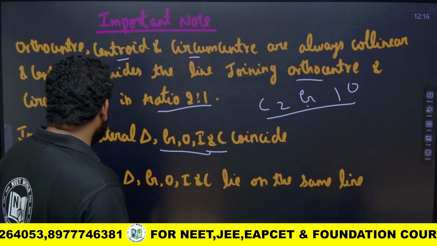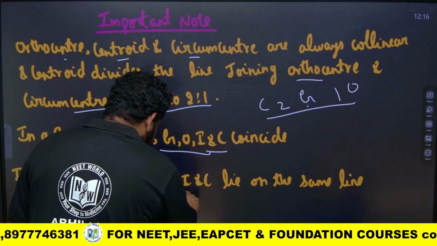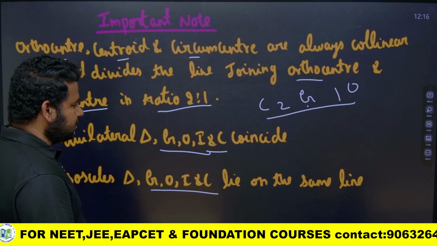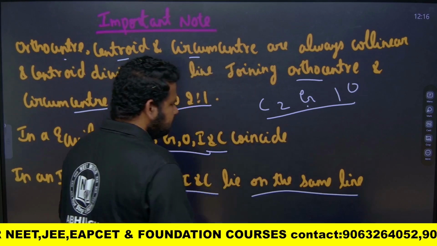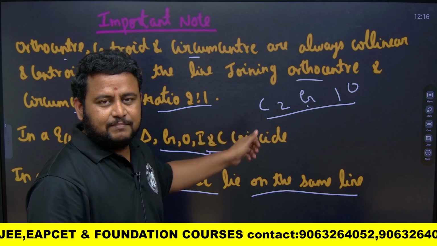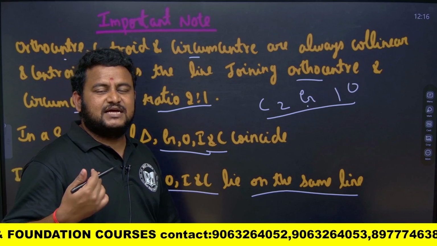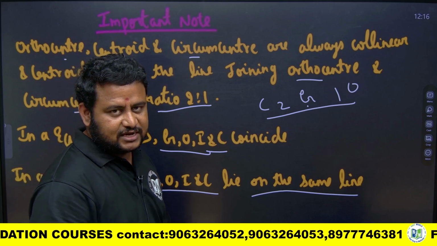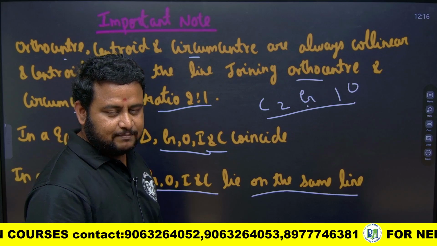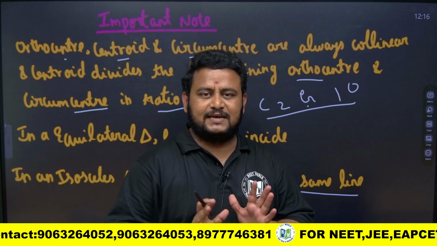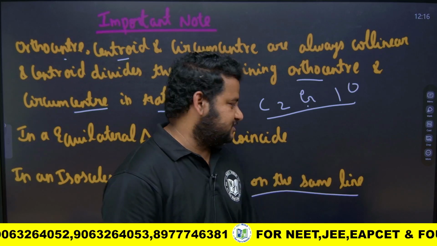That's it. In an isosceles triangle, listen carefully, the centroid, orthocenter, incenter and circumcenter lie on the same line. They coincide in an equilateral triangle, but in an isosceles triangle they are collinear, that is, they lie on the same line. Okay, that's it.